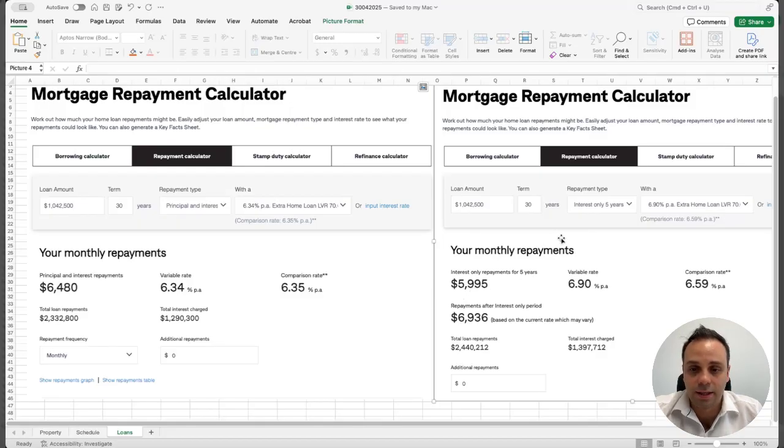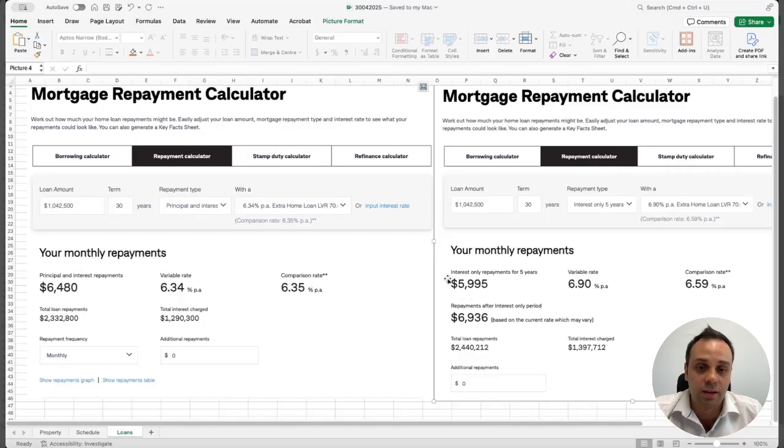It is a bit of a higher interest rate as well, 6.9%, assuming a 20% LVR. Whereas if it was a P and I, principal and interest loan, the bank sees this as a lesser risk because you're paying off a bit of the mortgage and they're giving you a better rate, a 6.34 rate, but it's resulting in a $6,480 repayment instead of the 5,995.